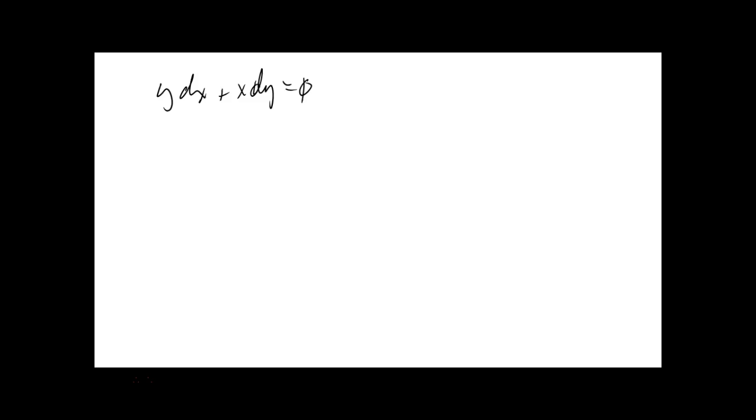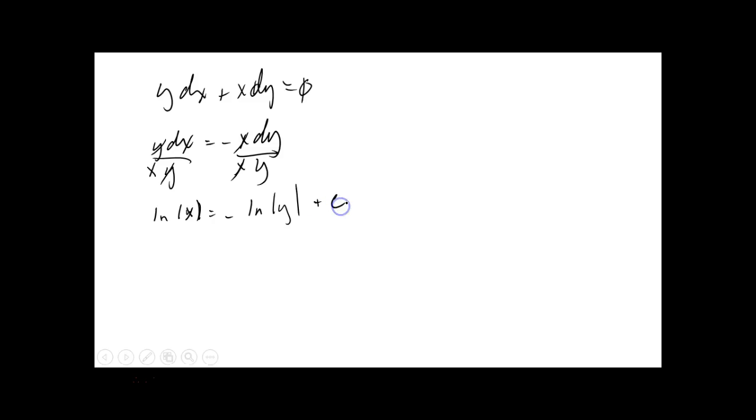It's separable in the sense that you can do this. y dx is equal to minus x dy, then divide both sides by y and by x. The y's go on one side, the x's on the other, and you have the natural log of x is equal to minus the natural log of y plus c.